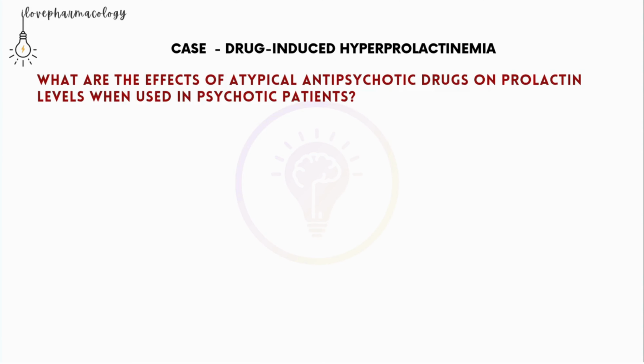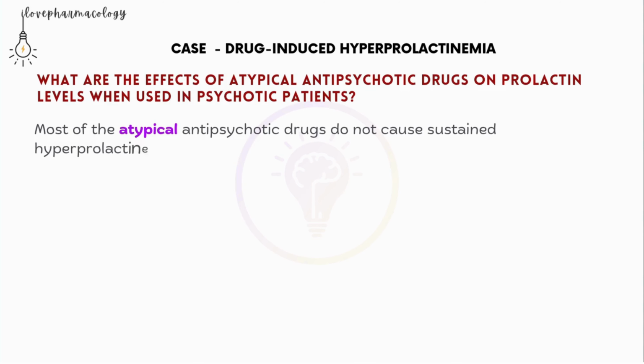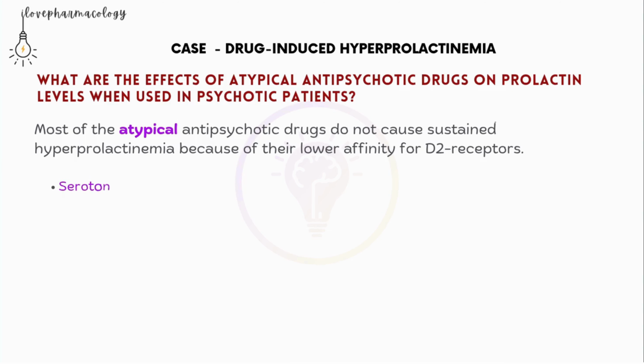So what are the effects of atypical antipsychotic drugs on prolactin levels? So most of these atypical antipsychotic drugs have got lesser affinity towards the D2 receptors and they have got relatively lesser risk of hyperprolactinemia. They mainly act on the serotonergic receptor. As you know that serotonin is a modulator of dopamine release.